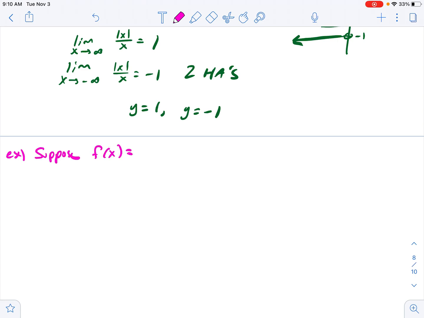Suppose f of x is (ax squared plus 3) over (bx squared minus 9).